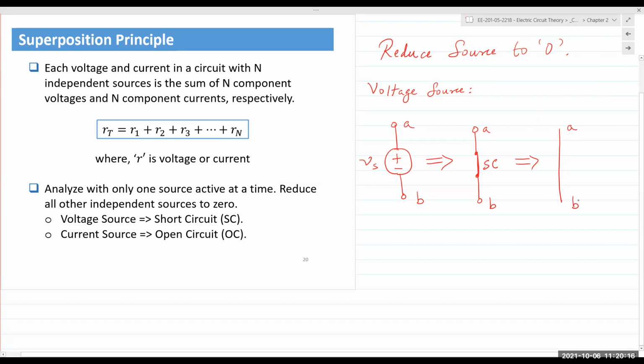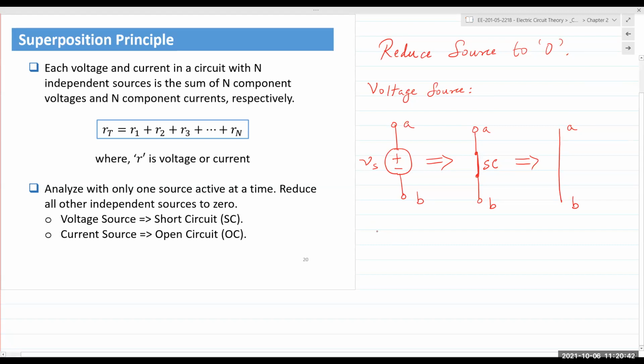You simply draw a wire, and thus you have reduced the voltage source to 0. Make sense?